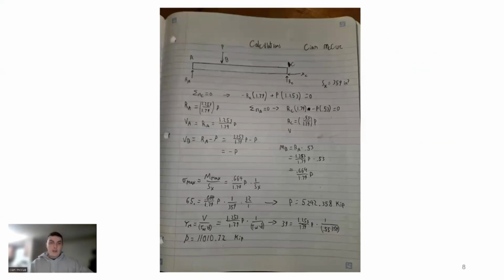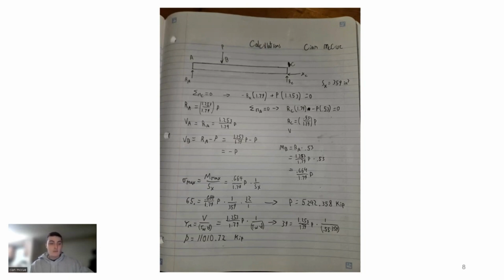Then we found the shear forces at A and C in relation to P with our variable, and also at B. Then we found the moments at B, and all of that information was plugged into our max normal stress and our max shearing stress equations, and our knowns were then plugged in at that point.